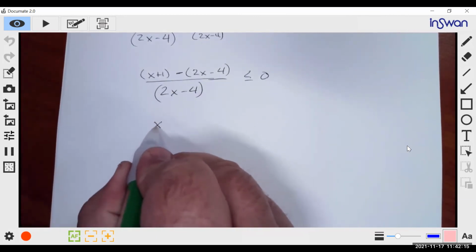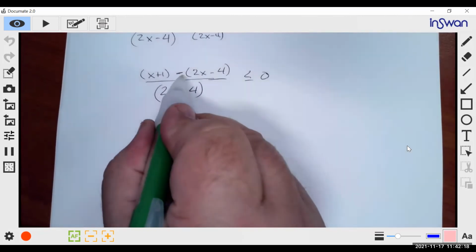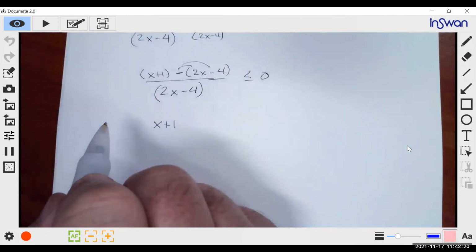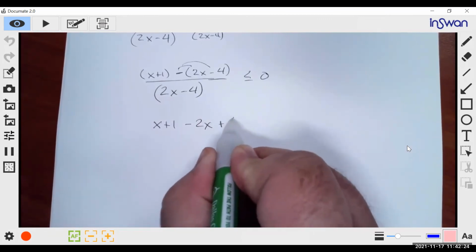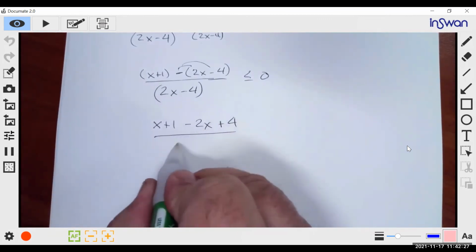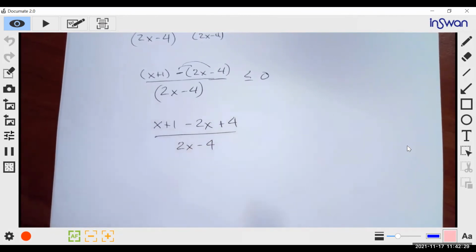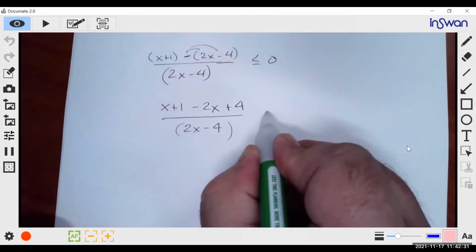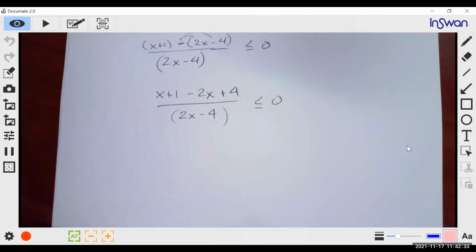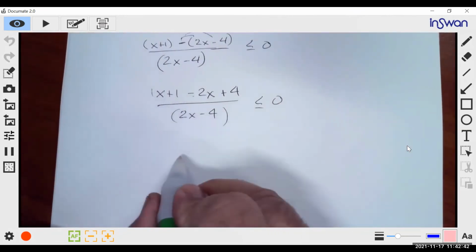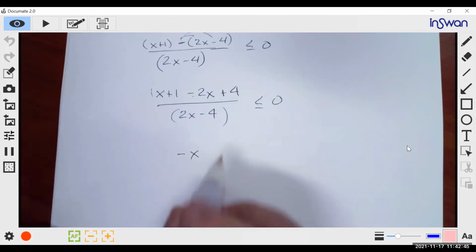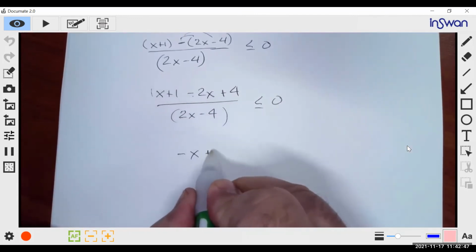No. This negative changes both of those signs. So it's negative 2x, positive 4. Now combine like terms. Negative 2x plus 1x is negative x. 4 plus 1 is 5.